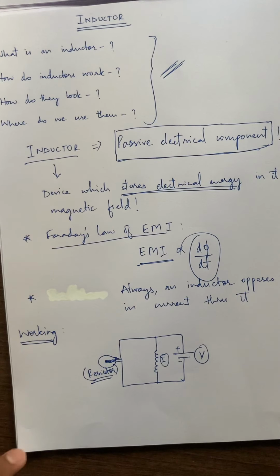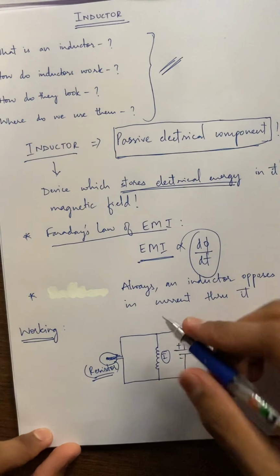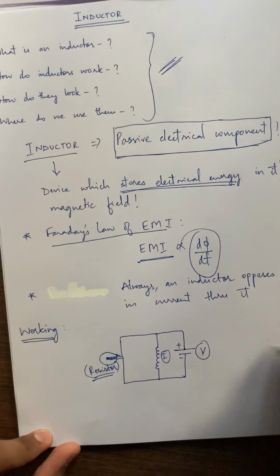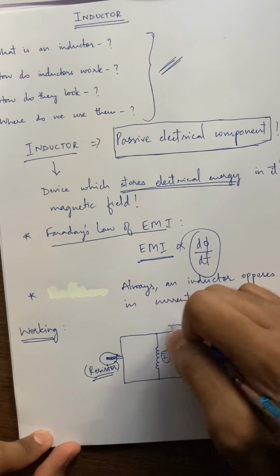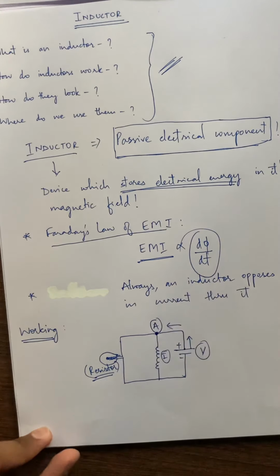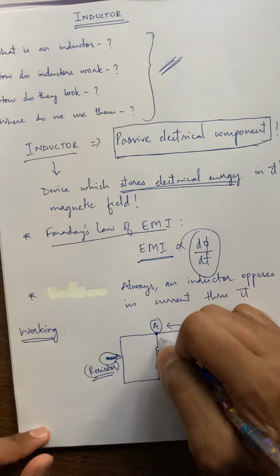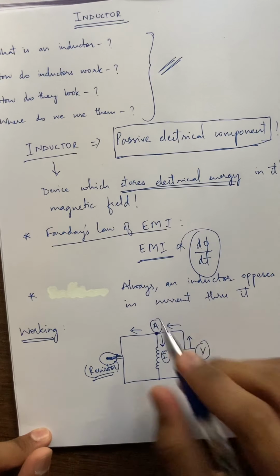Right. Now, what did I say here? Always, an inductor opposes the change in current through it. Let's get started. I have a battery and I switch it on, right? Current flows like this. At this juncture, let me name this junction point A. At point A, current has two ways to flow, through the inductor or through the resistor. What did I tell you here?